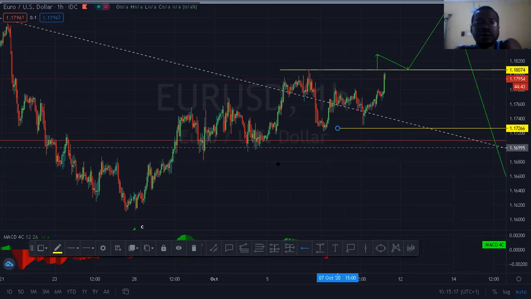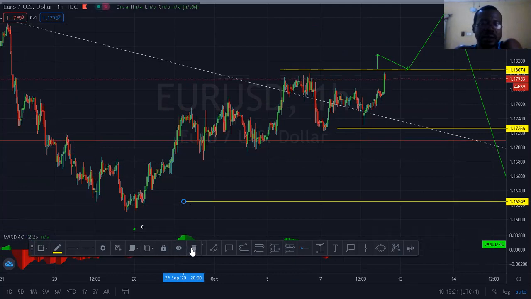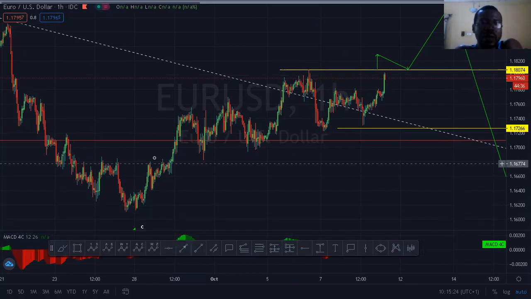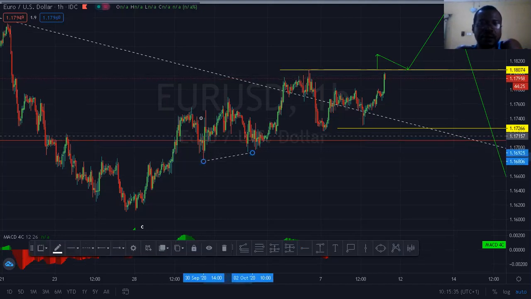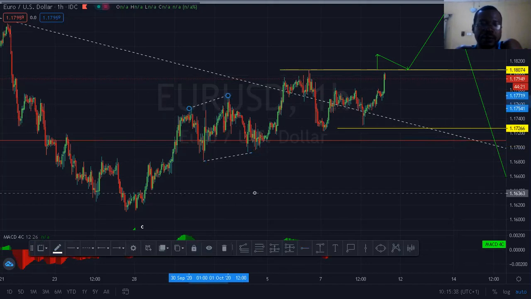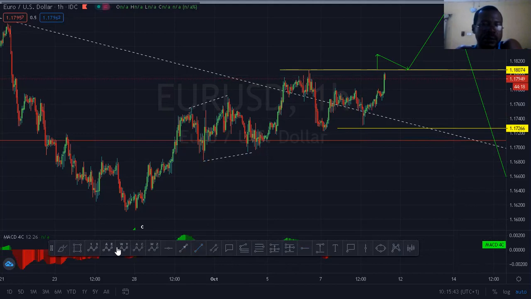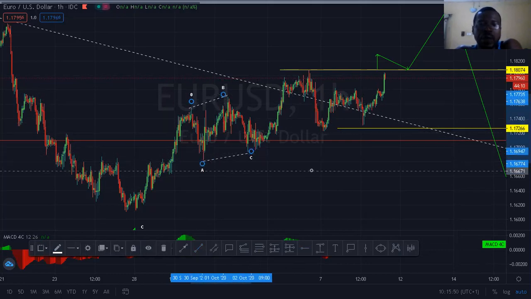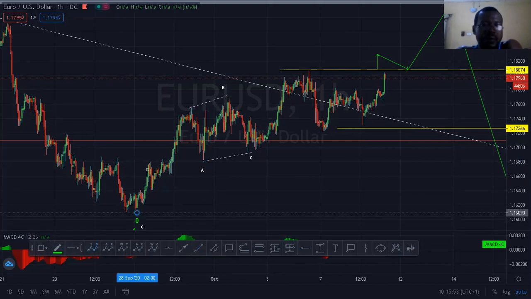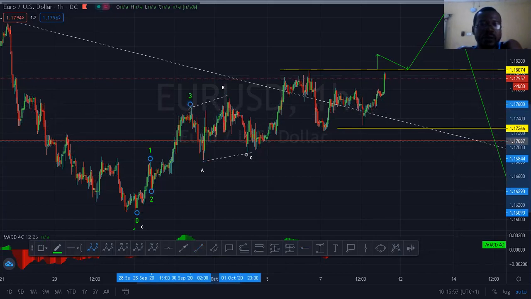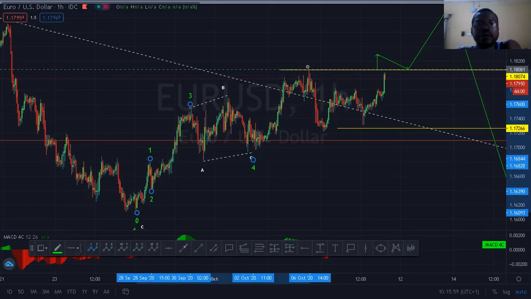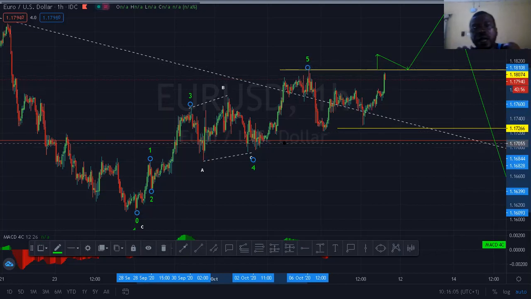On 1 hour we can see 1, 2, 3, 4, 5. This is a 5-wave impulse, and after every 5 waves, we expect a 3-wave pullback.